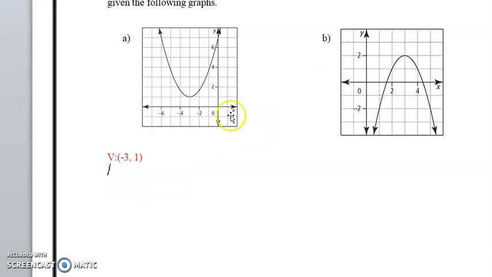And I know another point. You want to know another point on the graph. I'll pick the y-intercept. You can see right here, it's clearly going through at 0 and 7. So we have another point, 0 and 7.